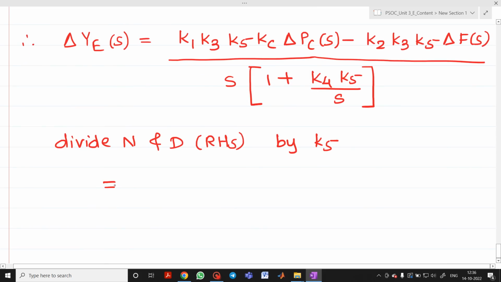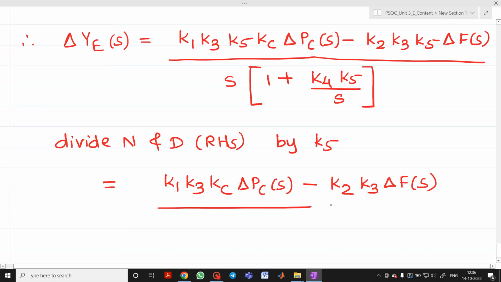If I divide it by k5, then you get k1, k3, k5, k5 will get cancelled, kc into delta pc of s minus k2, k3, k5, k5 will get cancelled, delta f of s whole divided by this s as it is. Now I am dividing the denominator also. So it will be 1 upon k5 plus k4 upon s.